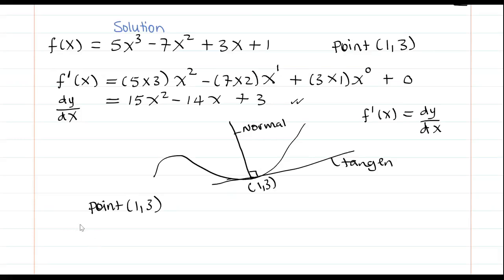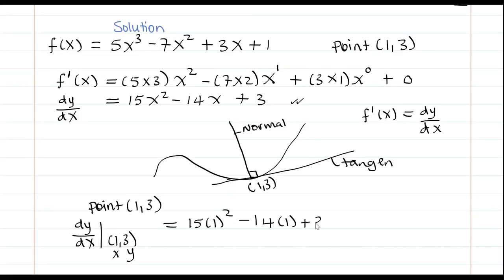the gradient of the curve, which is dy/dx at the point (1, 3), becomes, where there is x, we put 1, so we shall have 15 times 1 squared minus 14 times 1, and then plus 3, and then we press the calculator.